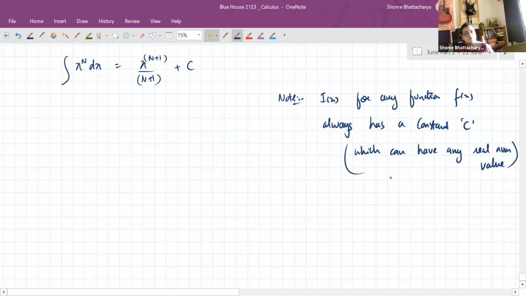So basically I(x) is more a family of functions. That is why it is called indefinite integration, because the answer is not a definite value. It is a family of functions.